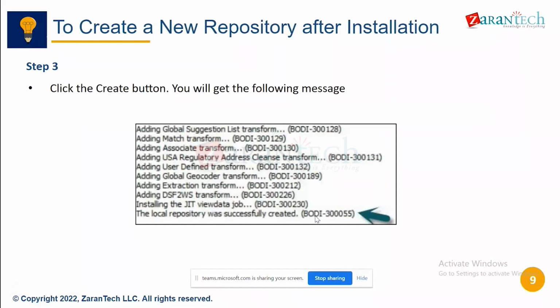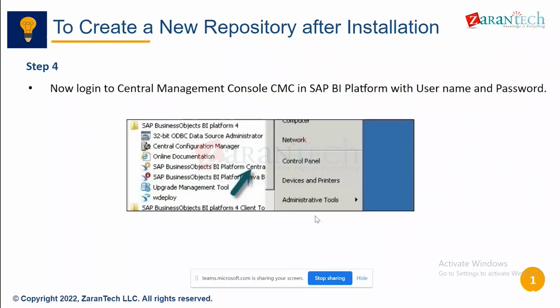Now the next process is that this local repository should be added into our Central Management Console, CMC. So that is the next process. Now we need to log in to our Central Management Console. For that, we have this SAP BusinessObjects BI Platform Central Management Console.